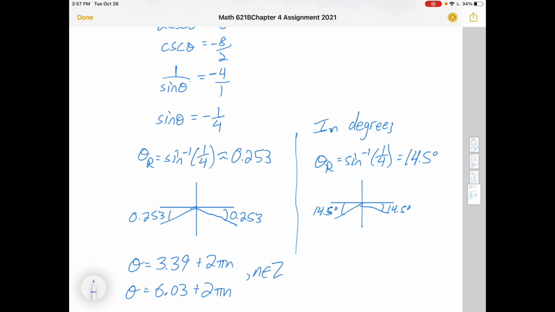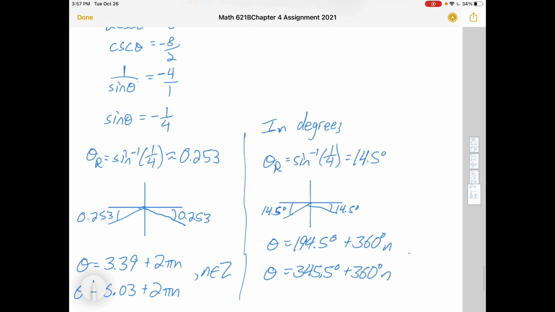And then we'll just write those answers. 180 plus 14.5 is 194.5 degrees. If I'm going to do it in degrees, I'd better write degrees on my answer. And the other one would be 345.5. We're looking for at least 3 sig figs of accuracy. And then plus 360 n. Okay, and 360 degrees n, we should be saying.